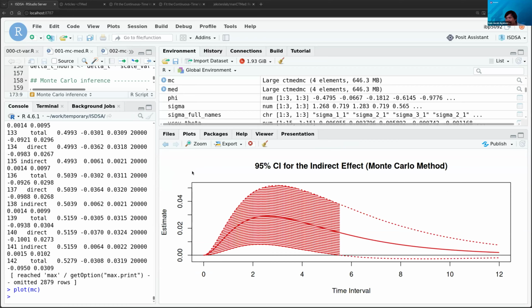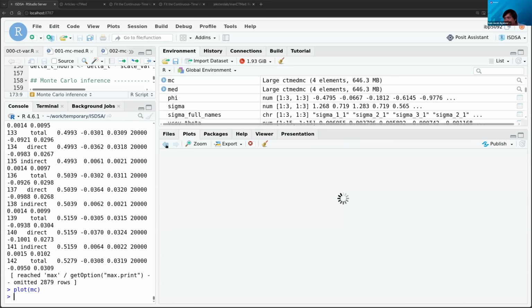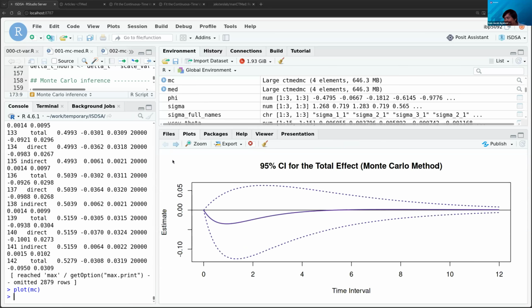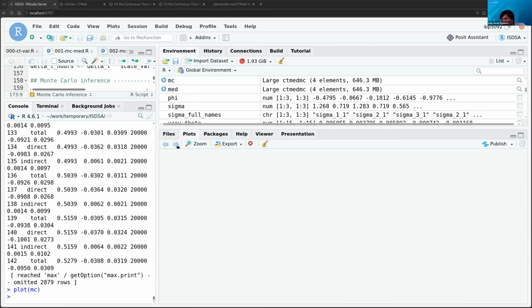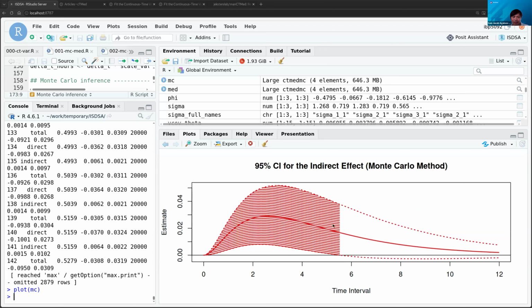So these are very similar to the ones that I have in the example that I presented in the slides. The only difference is that there's not much total effect from stress to emotional instability, but there is an indirect effect passing through negative affect in this particular example.